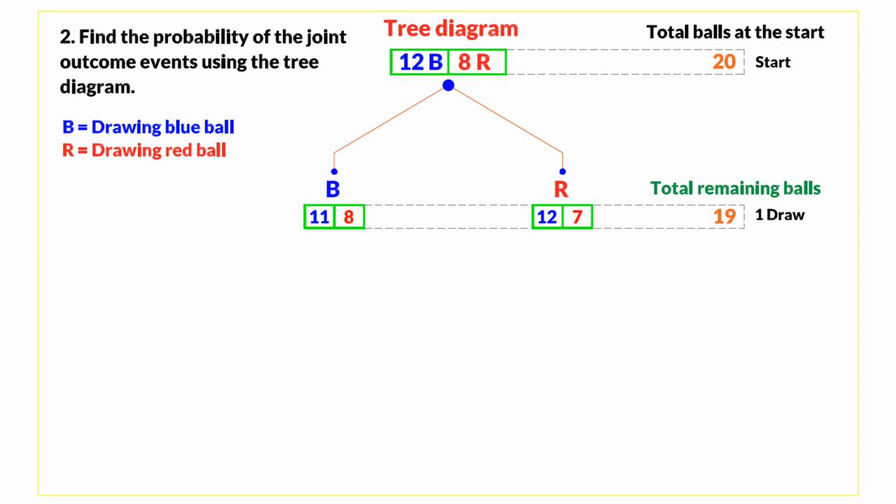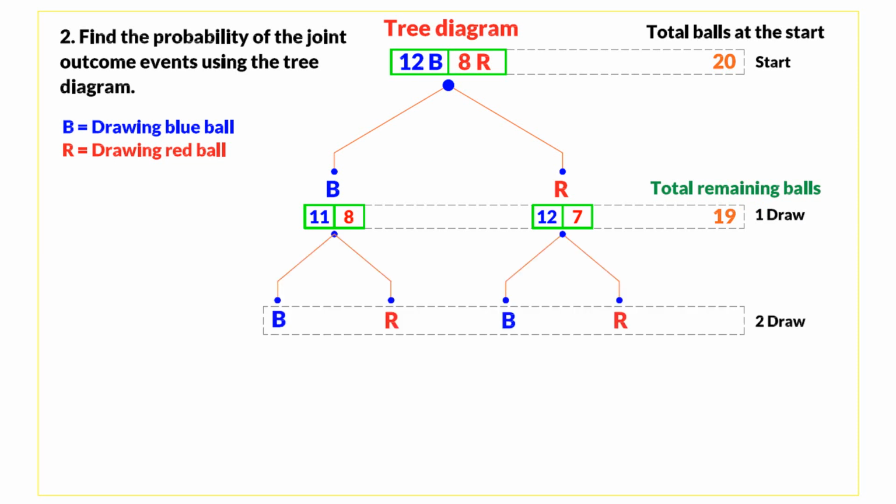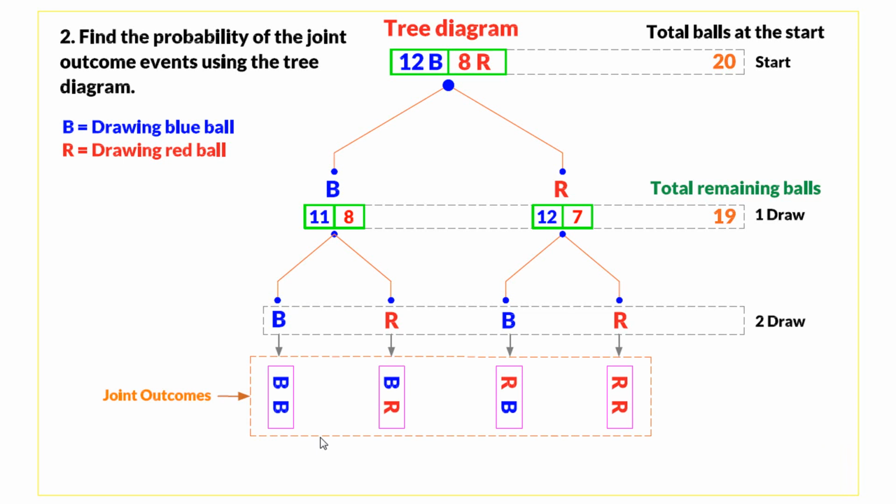So for each possibility, the number of balls must always be equal to the total number of remaining balls, which is 19. For the second draw, we may again pick blue or red, and now we can get all joint outcomes, so we may get blue and blue, blue first and red second, and so on. And these are all the joint outcome events we are looking for. And now we need to find the probability of each joint outcome event.